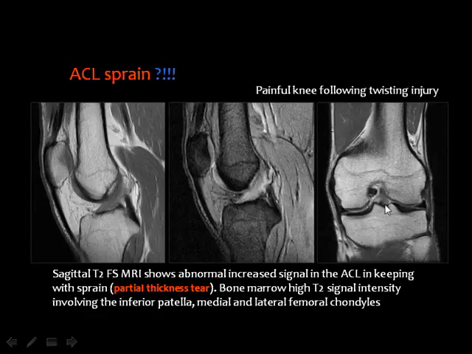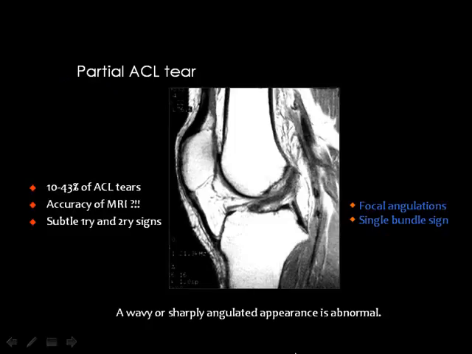Is this ligament torn or not? We are not sure, and we call this a sprain or partial tear. Then how to confirm is by endoscopy. You do arthroscopy and look at the ligament if it is torn or not. Okay, this is an intermediate sign, not a sure sign of ligament rupture.